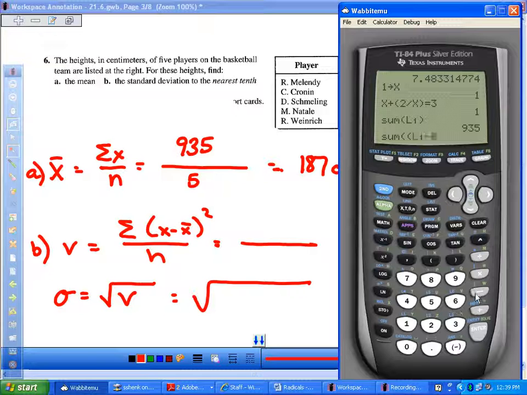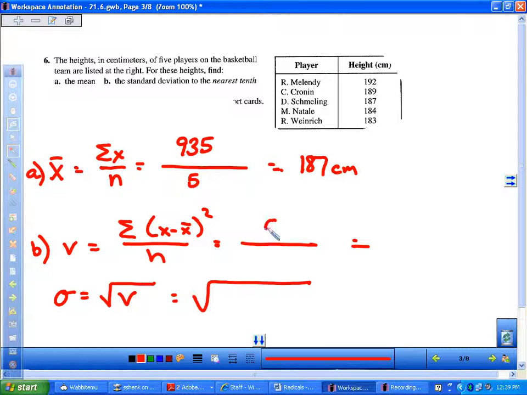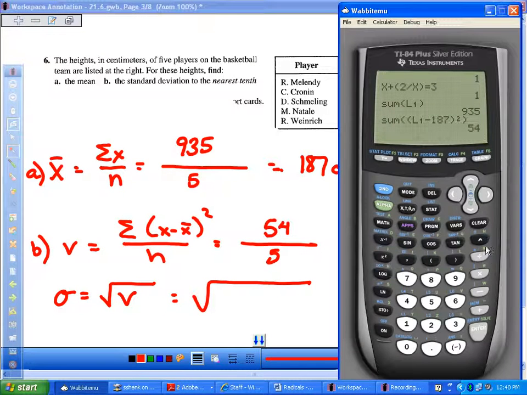L1 minus the 187, close, square, close. So we've got x minus x bar squared, and we're adding them all together to give us what? 54 that we are going to divide by 5 to get what? Yep, 10.8.